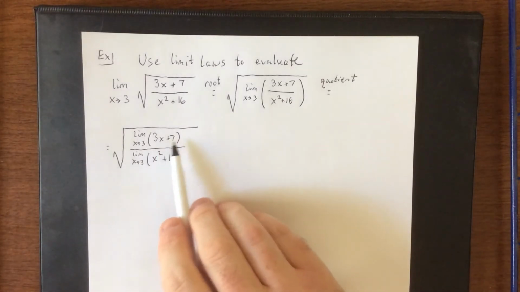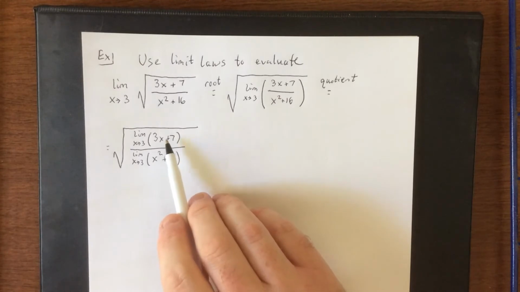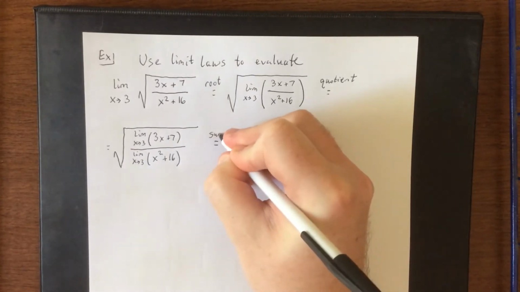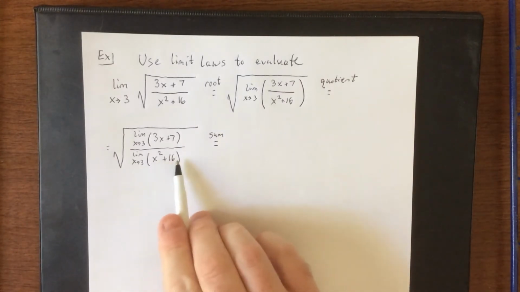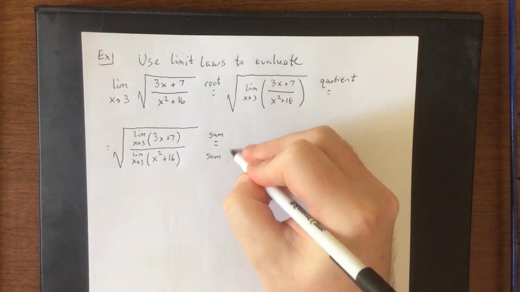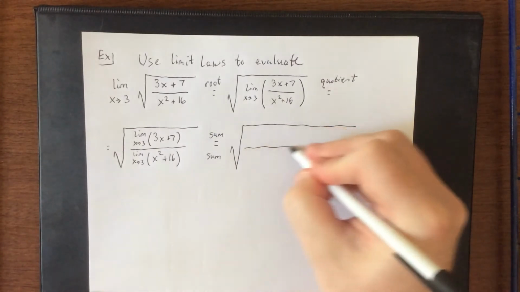Now for 3x + 7, the last thing that I would do according to the order of operations would be to add. So in the numerator, I'm going to be making use of the sum rule. Same thing goes for the denominator. Square the x and then add the 16. We'll be using the sum rule for the denominator as well. So now we'll have the square root of a nice big fraction.